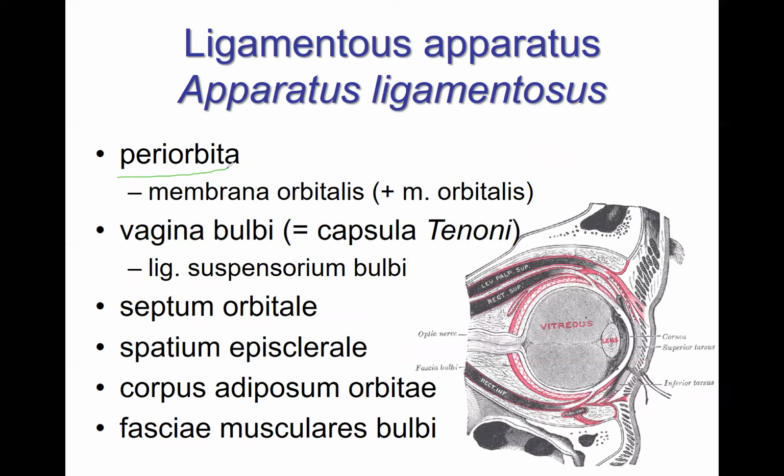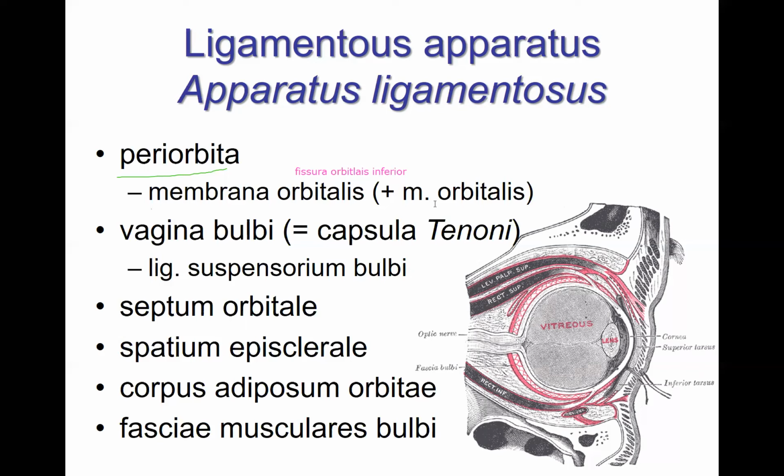Periorbit is the name of the periosteum here. And the periorbit covers the inferior orbital fissure. So we have the fissura orbitalis inferior, which is covered by a membrane, and this membrane contains smooth muscle cells, which are known as the orbitalis muscle.